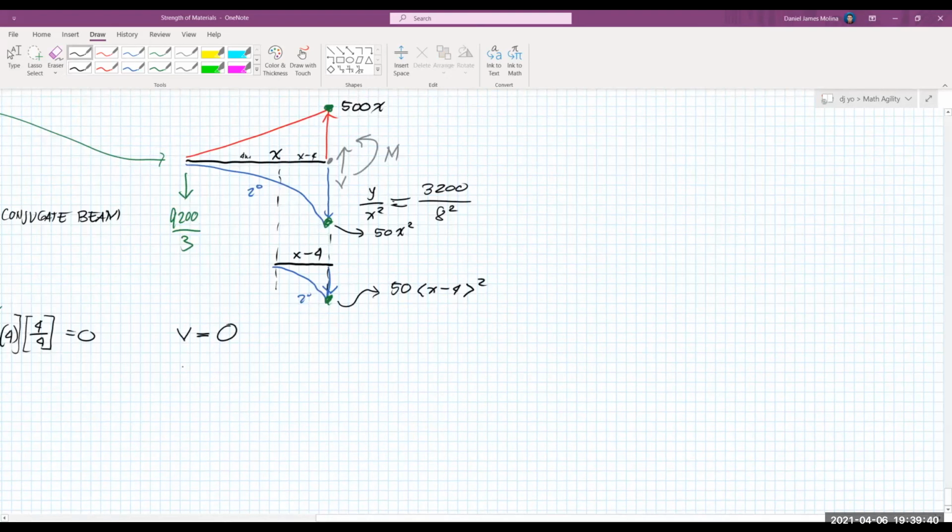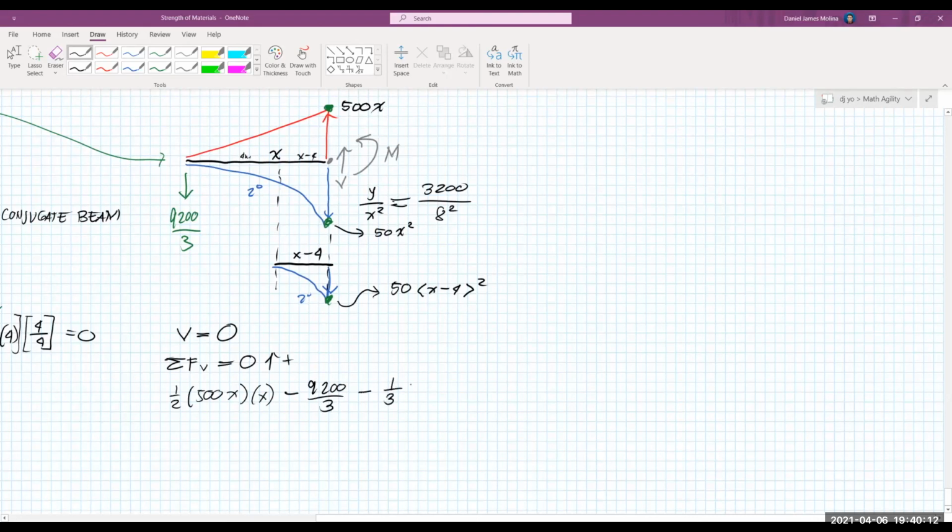Taking the summation of vertical forces equal to 0 from the given portion of the conjugate beam, since upward is positive, we have 1/2 times 500x by x, that is the area of the triangle here, minus 9,200 over 3, the downward reaction of the conjugate beam, and then minus the areas of the two parabolas since they are both downwards.